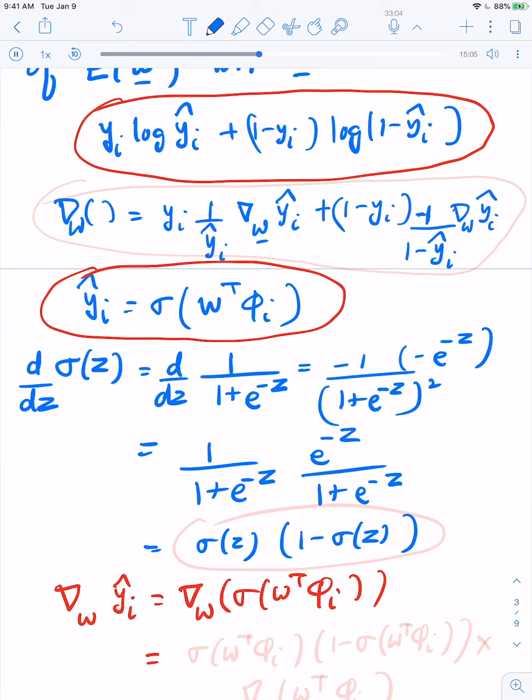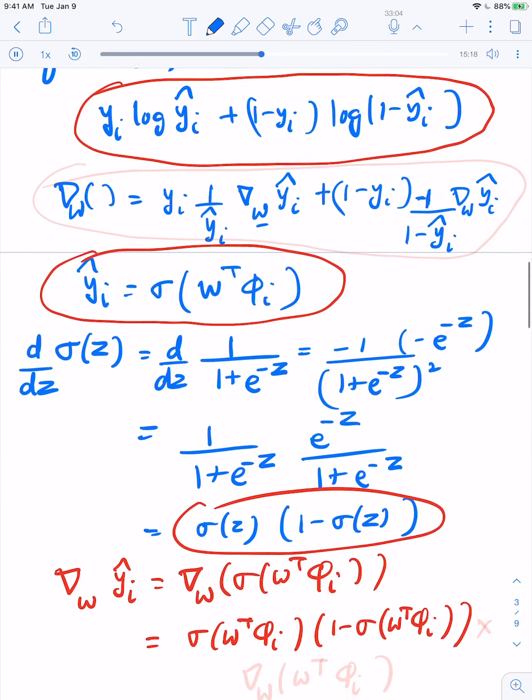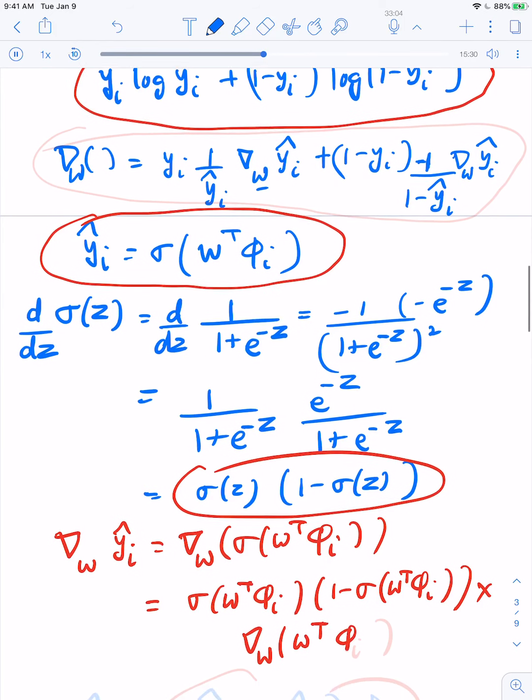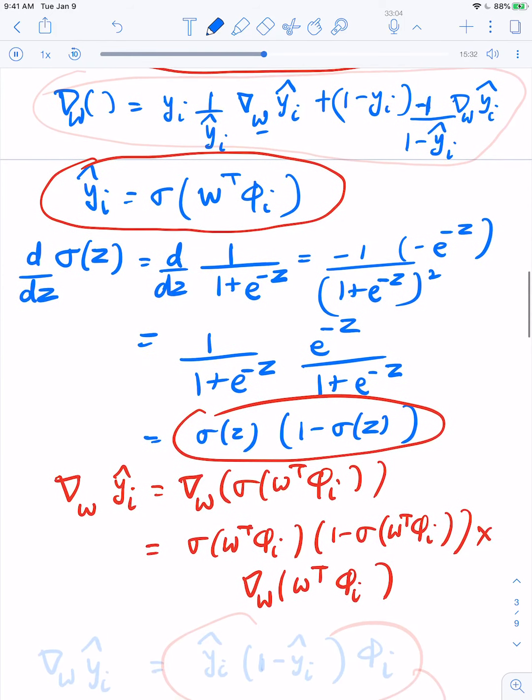And so then I'll get sigma of W transpose phi times 1 minus sigma of W transpose phi. That's just this business out here, applying it there. And so that's the derivative with respect to W transpose phi. And then, of course, I have to take the gradient times the gradient of W transpose phi, right?